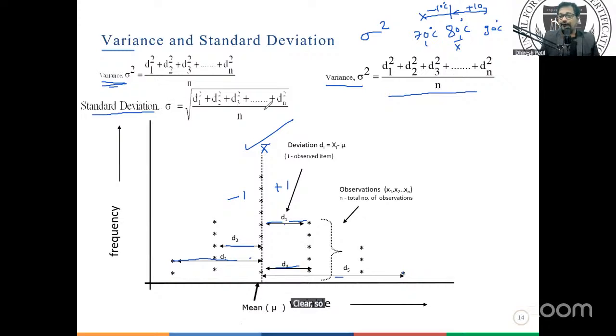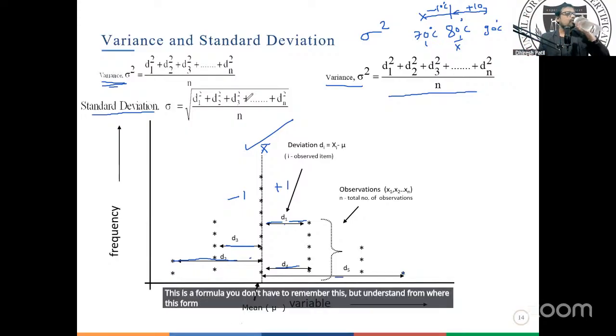So the formula for standard deviation is: d1 square plus d2 square plus d3 square up to dn square, divided by n, and the square root of the whole thing. Clear? Just give me yes in the chat box. Have you understood the formula? Take down the formula. You don't have to remember this, but understand where this formula has been derived from.